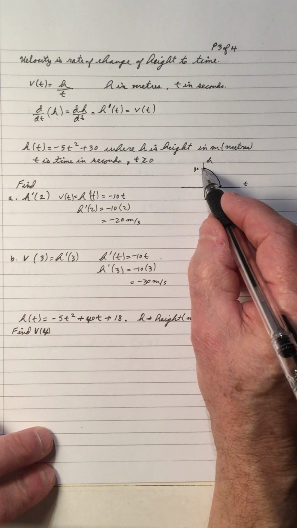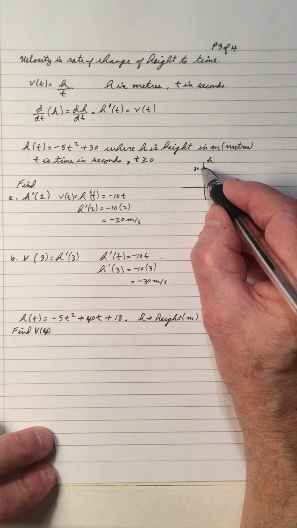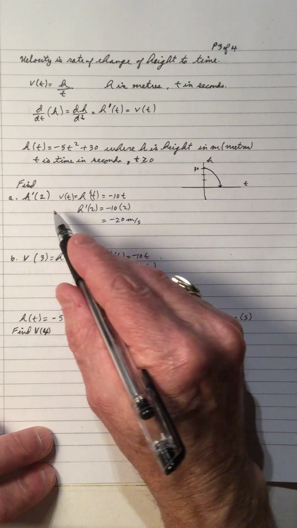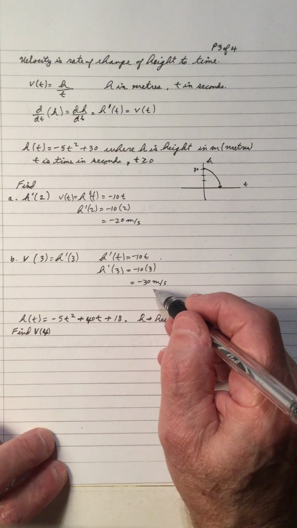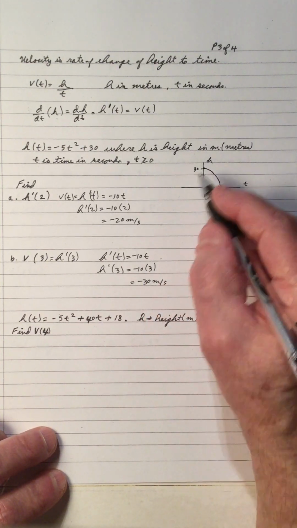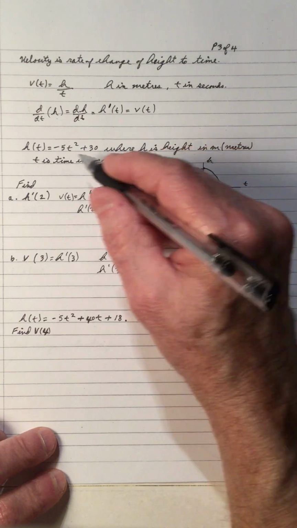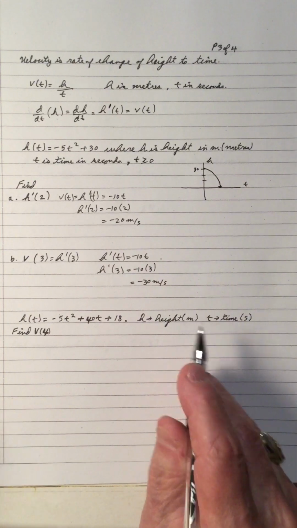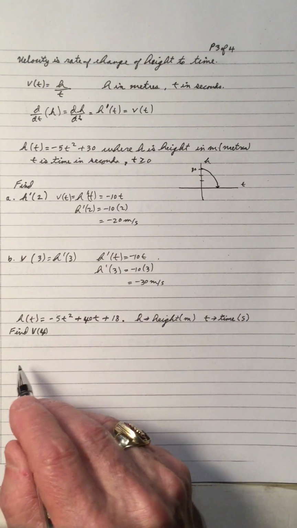So this object moving in the air is coming down, so the velocity is negative, indicating it is coming down. So at 2 seconds it is on the way down, at 3 seconds it is on the way down, and so that velocity is negative. And in relation to the parabola, there's the diagram. So what about h(t) = -5t² + 40t + 18?